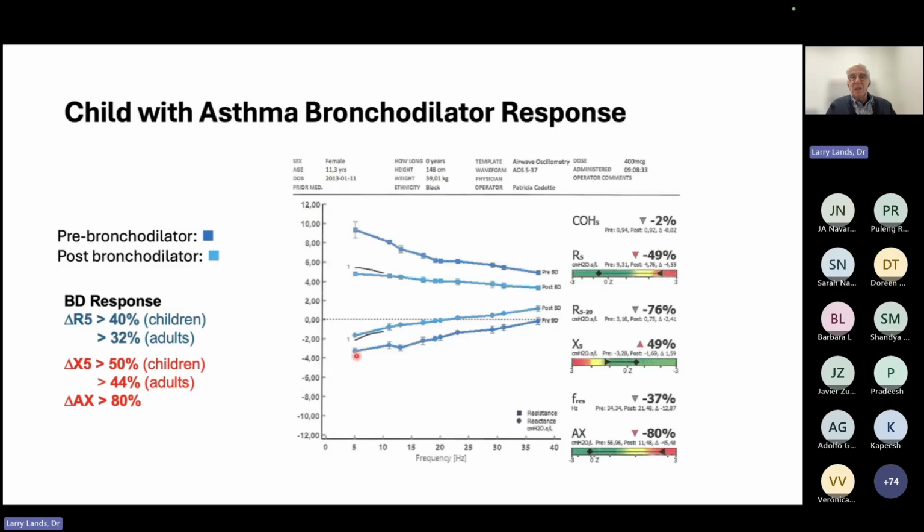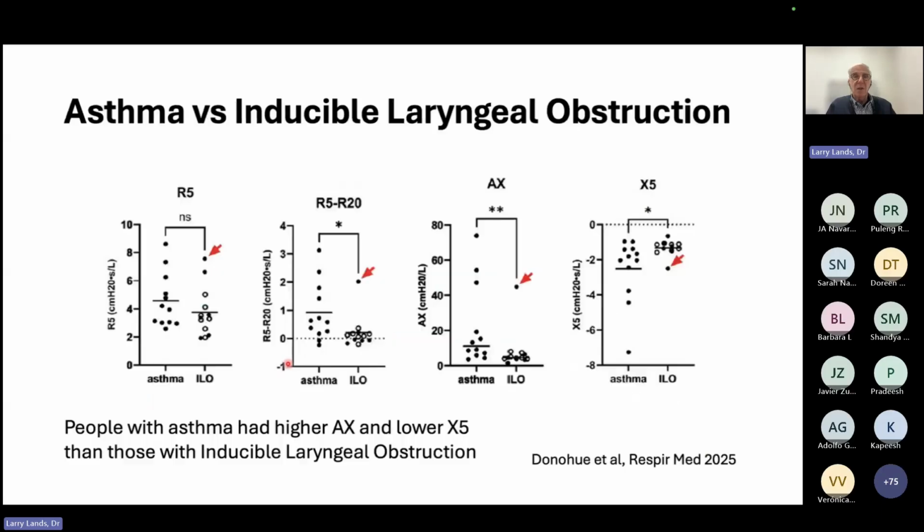Remember that the reactances are negative, so a negative decrease is a positive, so it went up by 49%. You can see the area under the reactance curve, so you had this pre-bronchodilator, whereas now we only have this post-bronchodilator, and it went down by 80%. So this would be a significant bronchodilator response.